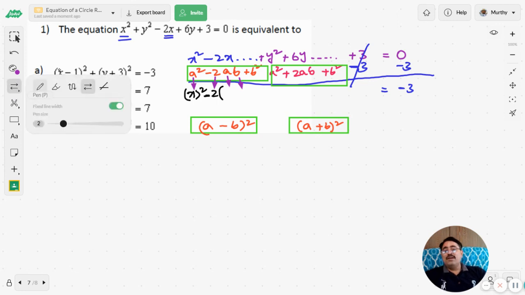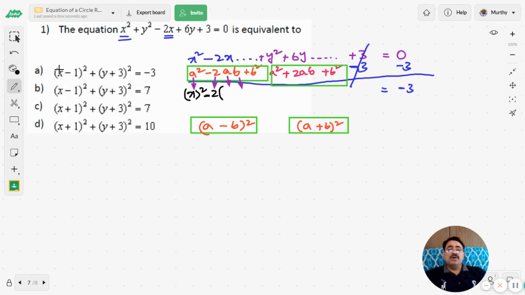So let me take a value is x, b value is not known, but let me try to match these two. 2x times what value gives you 2x, obviously that's 1. So now I know that b is 1. So what is b square? B square will be 1 square. Notice that this is not given in the question, so let me add that 1 square on the other side.